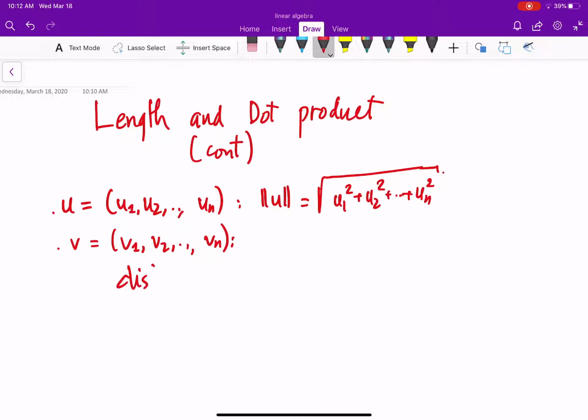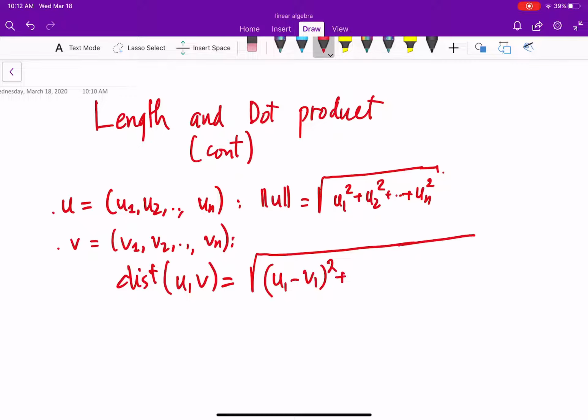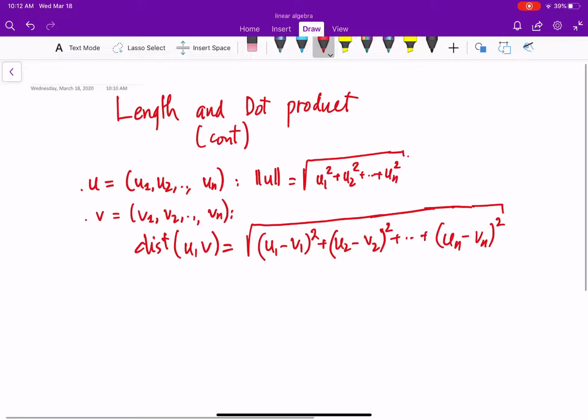So I write the distance between u and v, that is just square root of u1 minus v1 square plus u2 minus v2 square plus so on plus un minus vn square. So that is the distance between u and v.